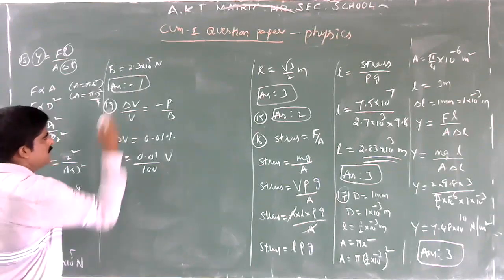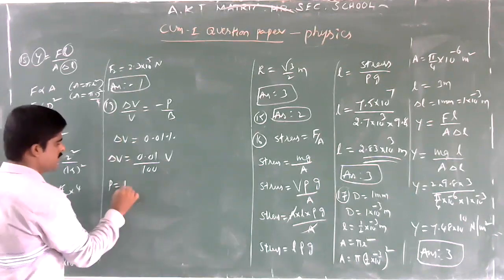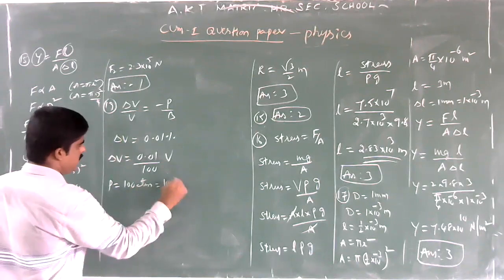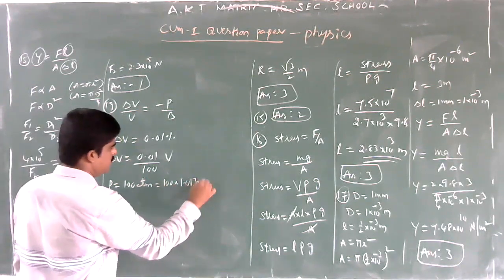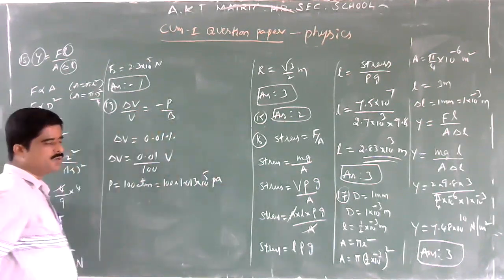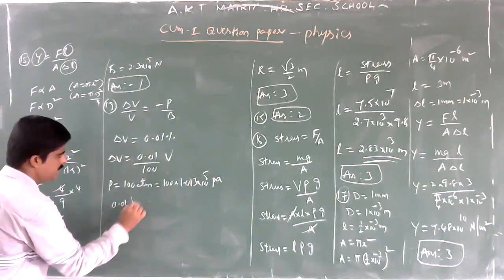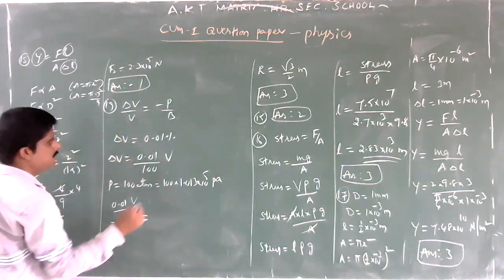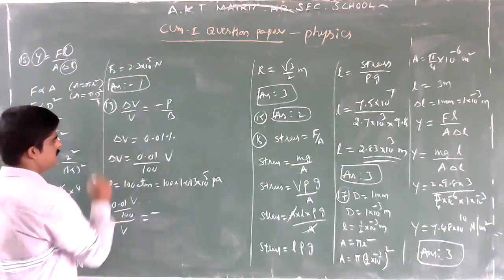Next, pressure is given. What is the pressure? P is equal to 100 atmosphere. That is 100 into 1 atmosphere, which is equal to how many Pascal? 1.013 into 10 to the power of 5 Pascal. So putting this in, you will get the bulk modulus, where delta V is 0.01 V by 100 divided by the initial volume V, equal to minus, actually this one is taken as negative.